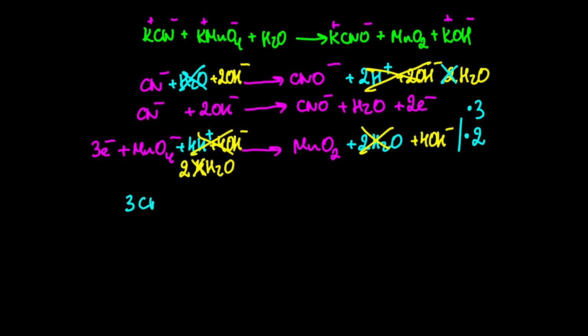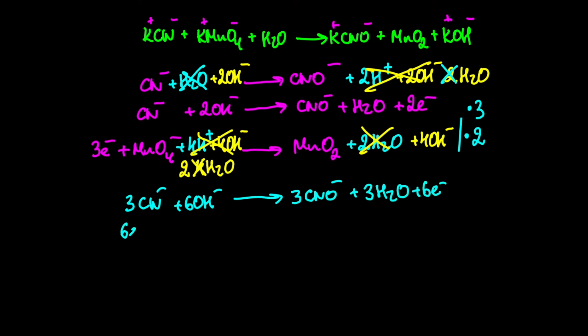We get 3CN- plus 6OH-, reaction arrow, 3CNO- plus 3H2O plus 6 electrons. And the second reaction, 6 electrons plus 4H2O plus 2MnO4-, reaction arrow, 2MnO2 plus 8OH-.